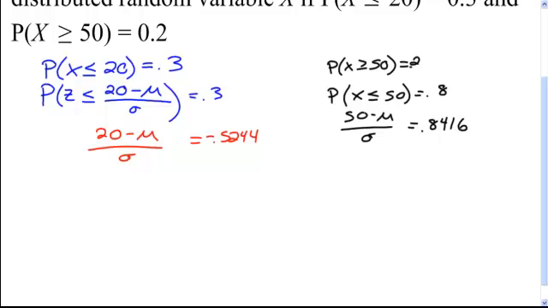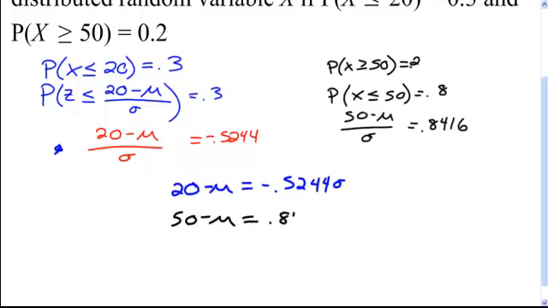Writing out my first one, 20 minus the mean equals negative 0.5244 sigma. And on the other side, 50 minus my mean equals 0.8416 sigma.